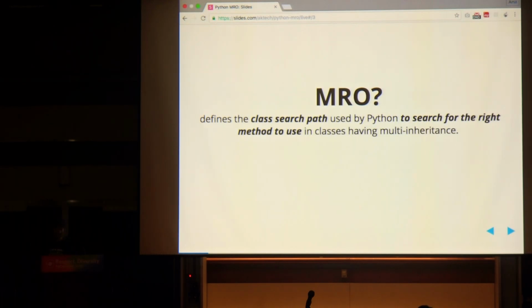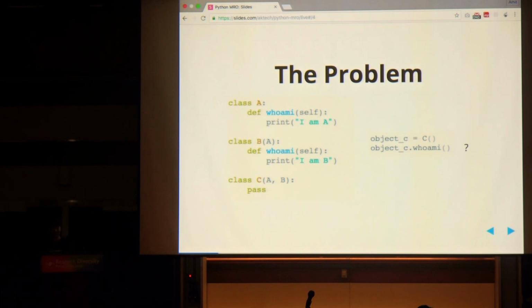Okay, so let me describe the problem. What's the problem first of all? We have classes A, B, and C, and we have a method defined as whoami in A, and a similar method in B, and C doesn't have that method.